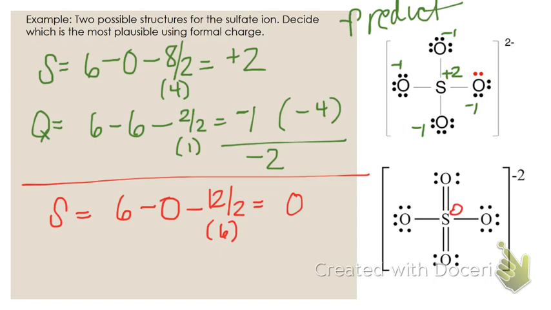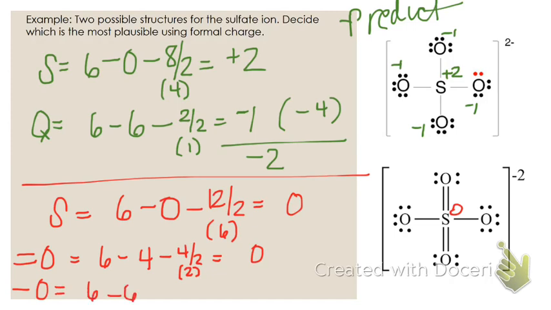Now we're going to do the double bonded oxygen because it's going to be different. 6 minus 4 over 2, which is 2, gives me 0. Now we'll do the single bonded oxygen. 6 minus 6 minus 2 over 2 is -1.